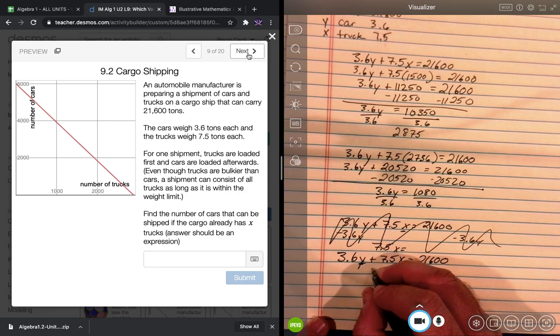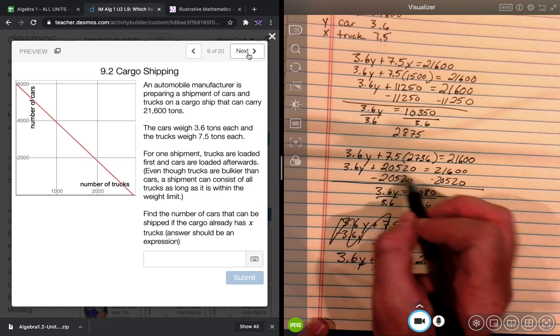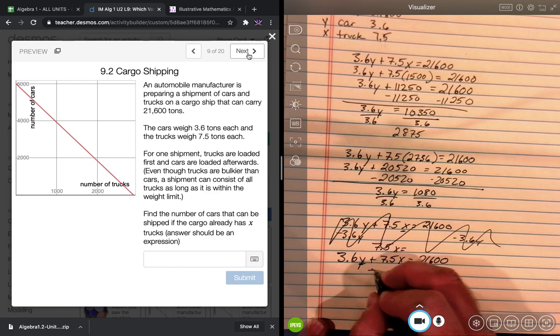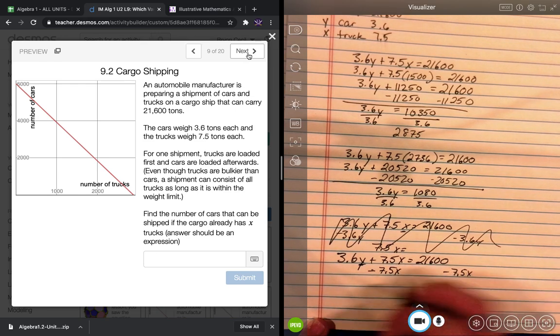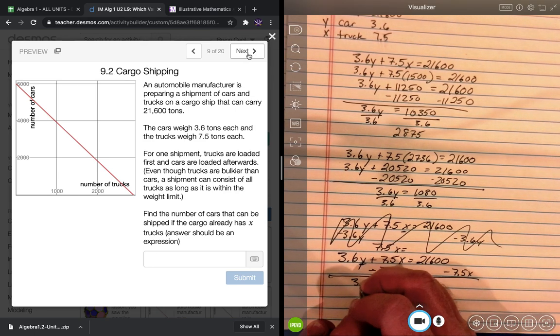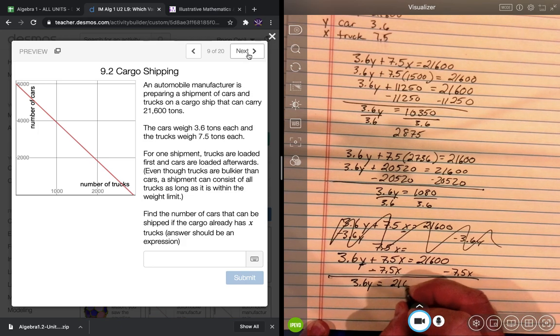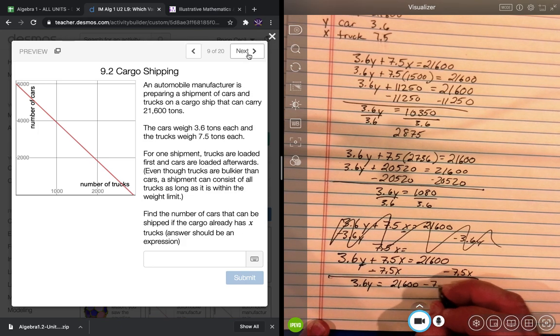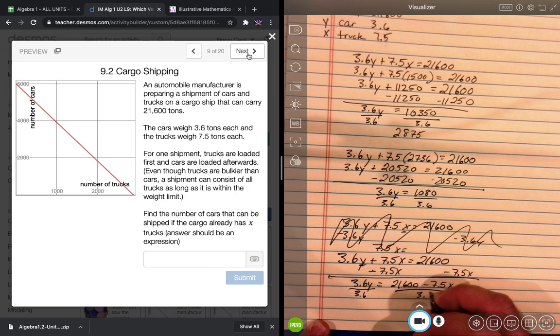So, again, guys, think about what we did first up here. The first thing we did was we multiplied these together, and then we moved it over. So you subtracted 7.5x. So now I've got 3.6y equals 21,600 minus 7.5x. Now we want to know how many cars there are, so we divide by 3.6.